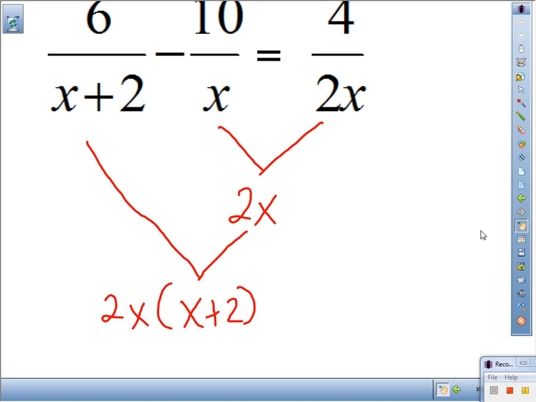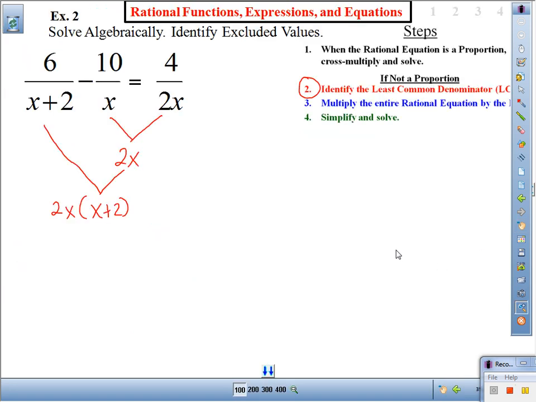How are we doing? All right, I'm going to zoom out. Now that I have my LCD, I need more space to do the work. I'm going to rewrite it over here.